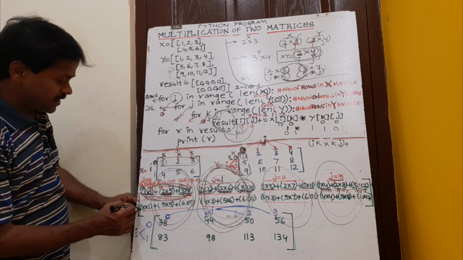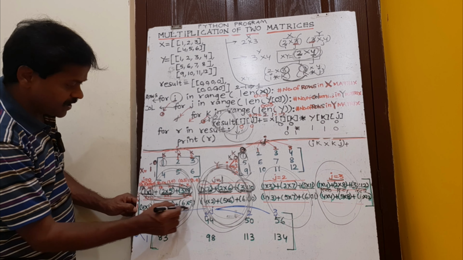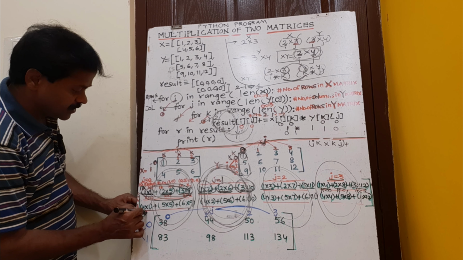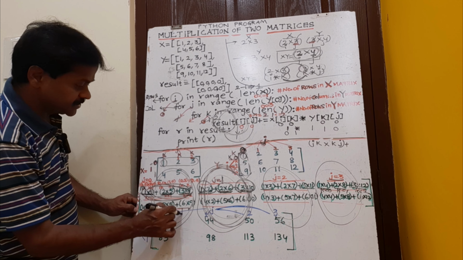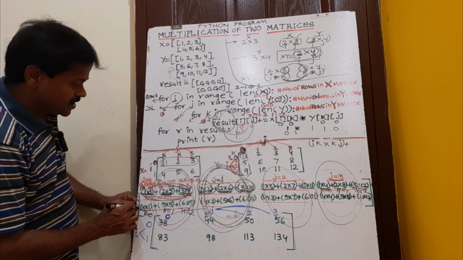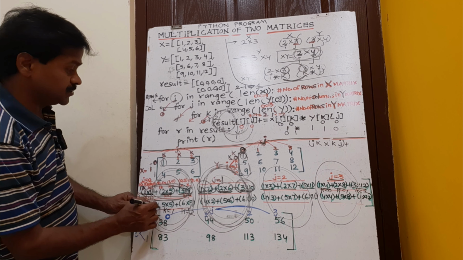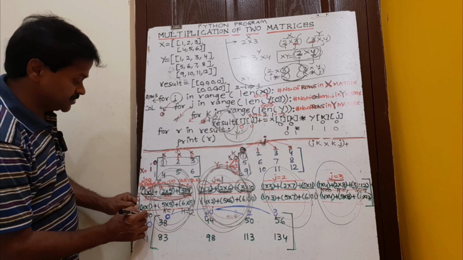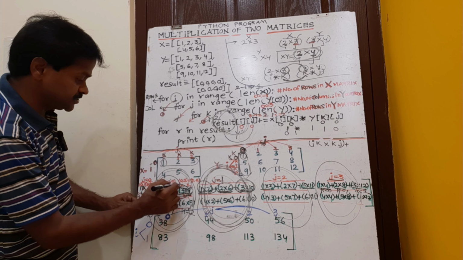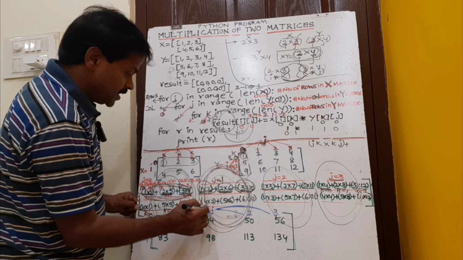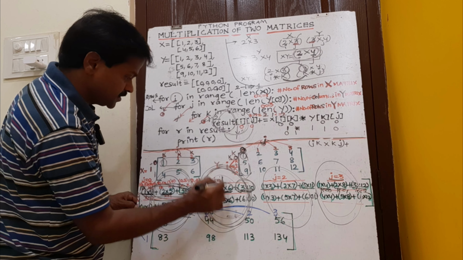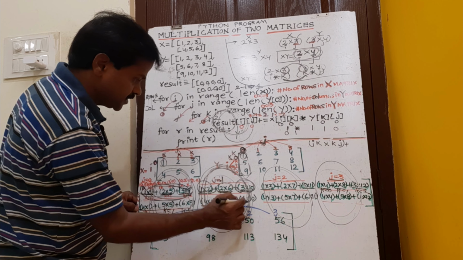You see here, whenever I is 1, in the next row, this is K0, this is K1, this is K2. I0, J0, K0; I0, J0, K1; I0, J0, K2; I0, J1, K0; I0, J1, K1; I0, J1, K2.